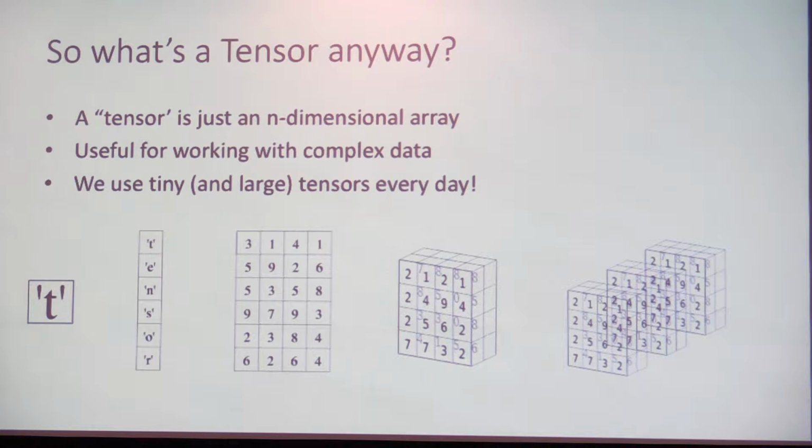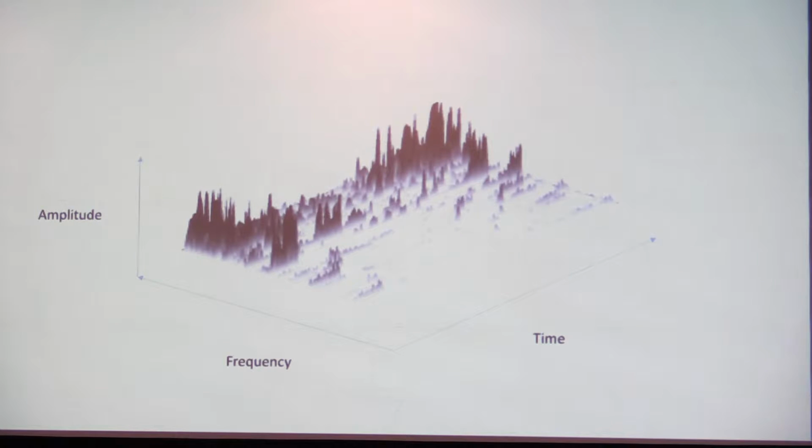And so we use these to represent lots of different things in mathematics and statistics. And they're good at capturing relationships between lots of different variables. So lots of the real data that we interact with on a daily basis can be modeled by a tensor. So for example, audio.